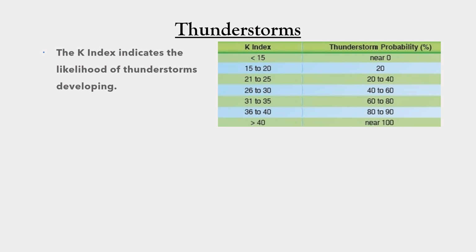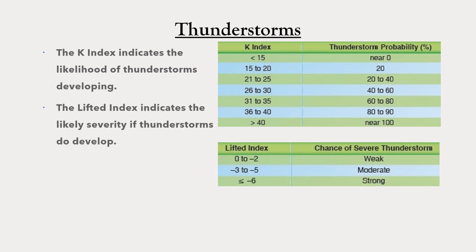So there is some weather data available that helps us predict the likelihood of thunderstorms developing. This is an index called the K index, which tells us whether we should be worried about thunderstorms that day. That's available in some reports, and you just have to look at how high the index is. The higher the index, the more likely thunderstorms will happen.